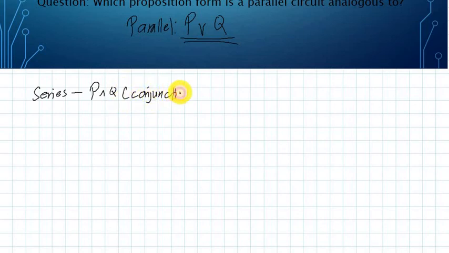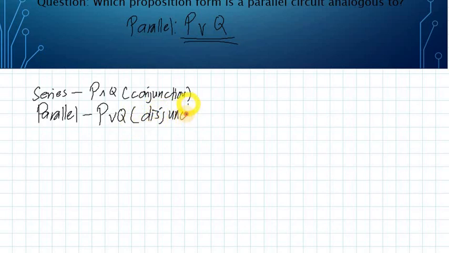On the other hand, if we have a parallel network, which is P or Q, then this is a disjunction. And of course, we also have a switch that is not P. If we have a switch P, then we will also have a switch that is not P. This will be helpful once we analyze switching networks through our propositions. And that's what we will do in our next video.